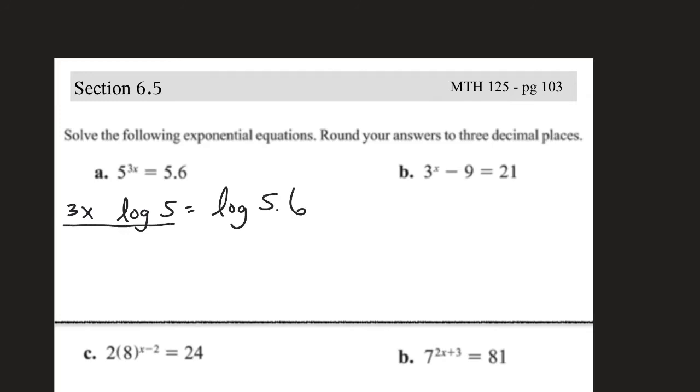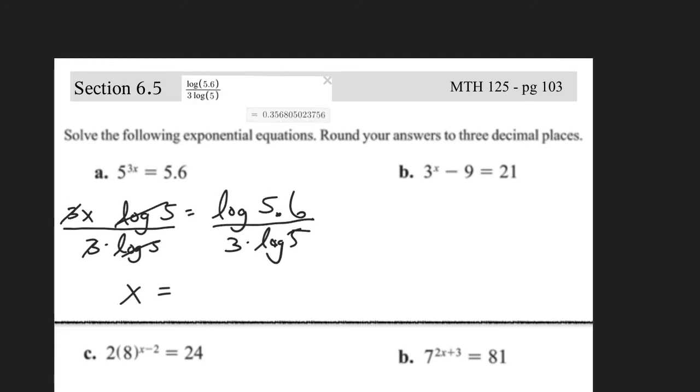And if I want to get x alone, I could divide both sides by 3, and I could divide both sides by the log of 5, and that would allow me to cancel the 3 and cancel the log of 5. And in my calculator, I'm going to put the log of 5.6 divided by 3 times the log of 5.